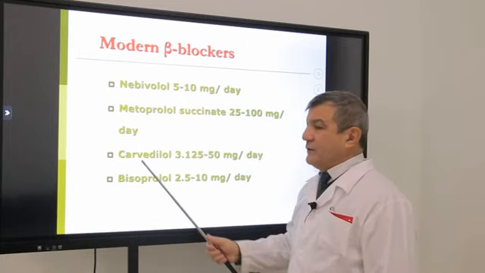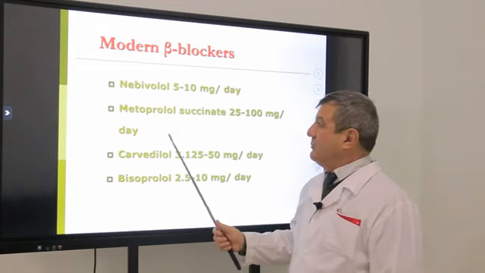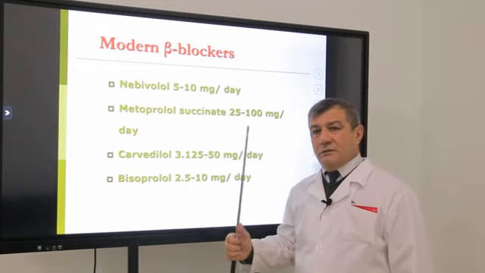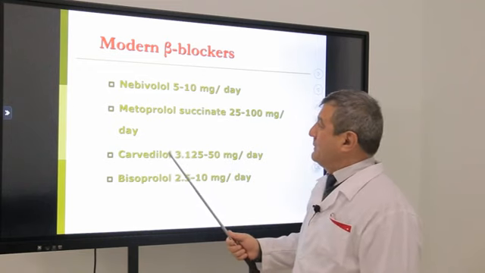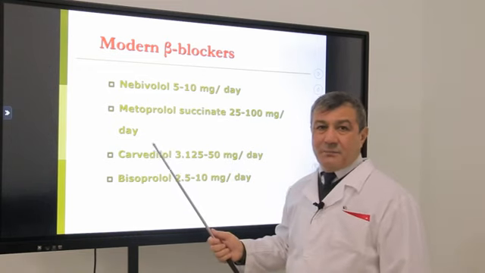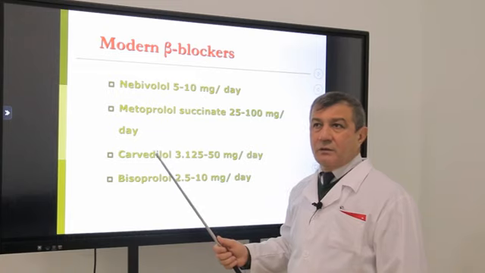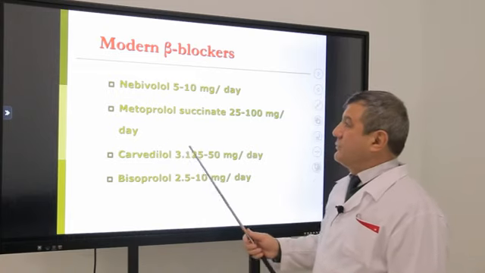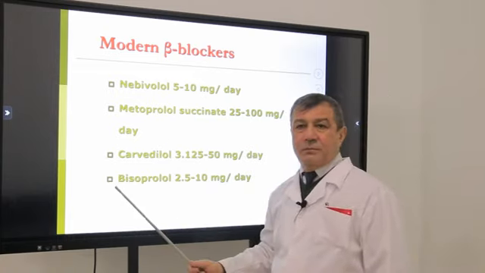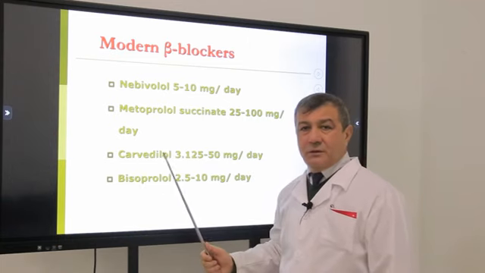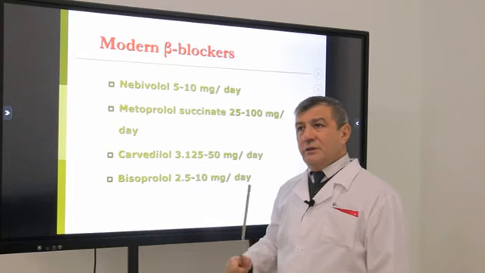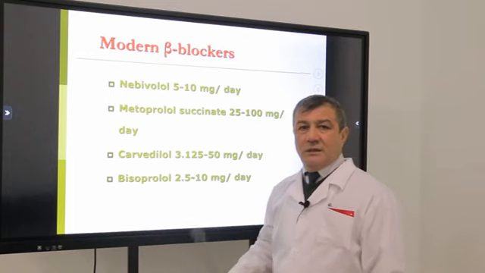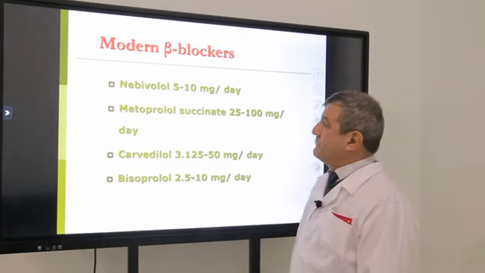These medicines are very useful for these conditions, but they have side effects also, maybe bradycardia and bronchospasm. If patients have bronchial asthma, we shouldn't recommend beta blockers. Instead of beta blockers, we can recommend calcium channel blockers if patients have hypertension and bronchial asthma.